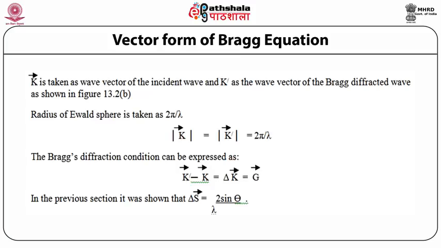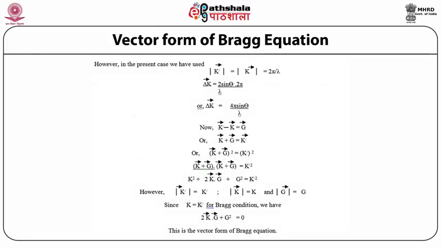In the previous section, it was shown that delta S vector is equal to twice sine theta by lambda. However, in the present case, we have used modulus of K prime vector equal to modulus of K vector equal to 2 pi by lambda. Delta K vector is equal to twice sine theta by lambda into 2 pi, or delta K vector is equal to 4 pi sine theta by lambda.